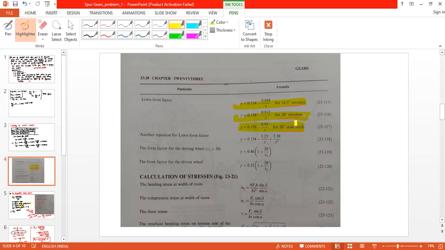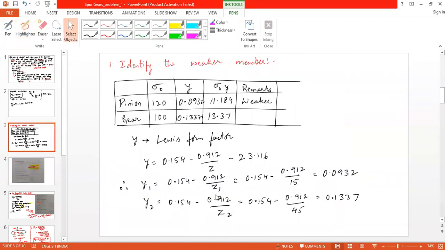Here it is 20 degree involute, so we choose the second equation, Y is equal to 0.154 minus 0.912 by Z. Substituting Z1 and Z2, we got Y1 and Y2 as 0.0932 and 0.1337. Since sigma O1 Y1 is lesser than sigma O2 Y2, the pinion is the weaker member.